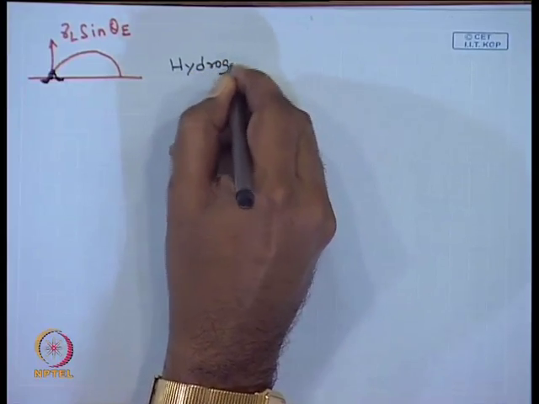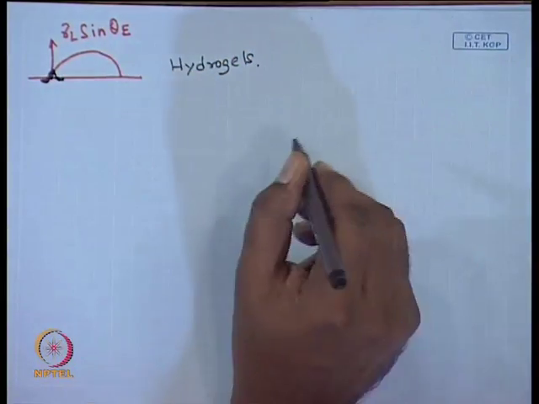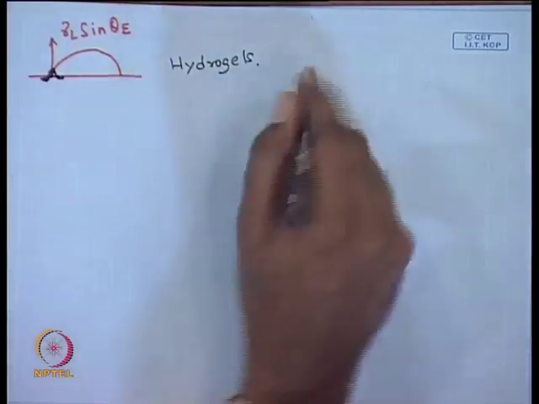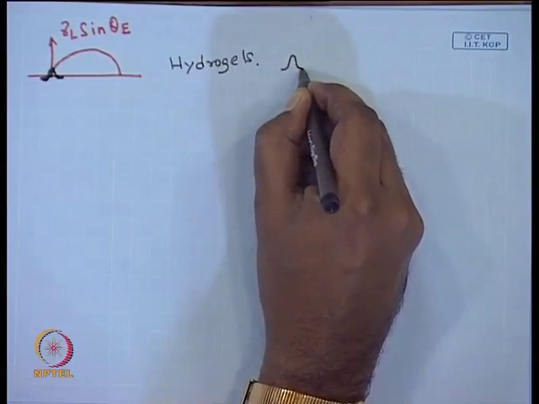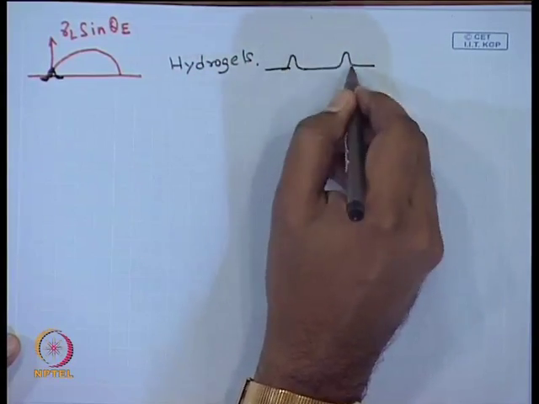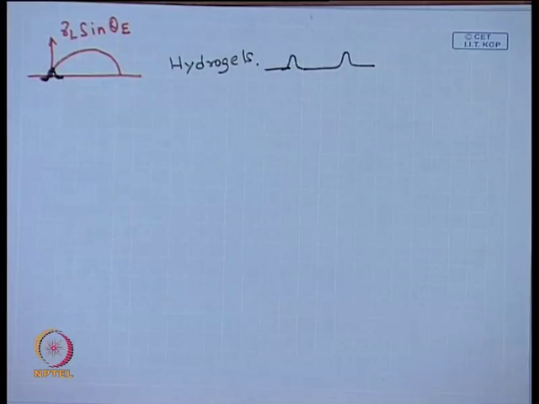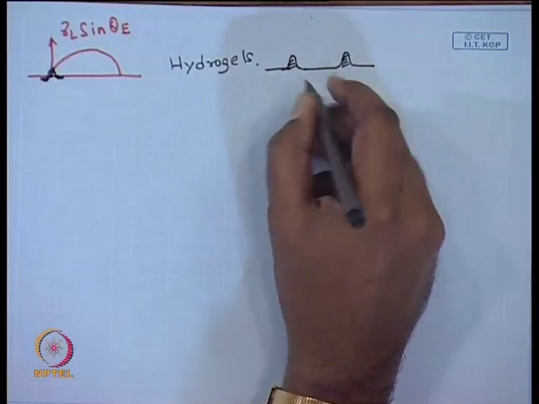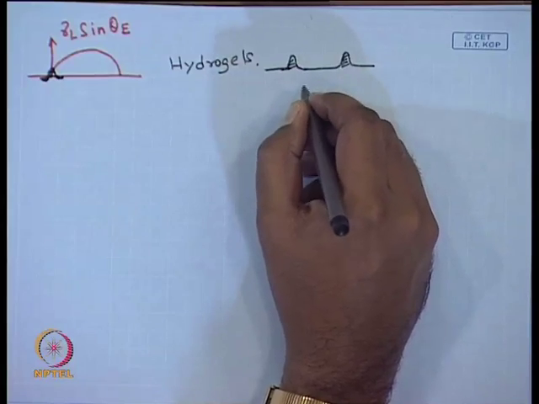However, experiments have been performed on soft solid surfaces, an example of which can be hydrogels, which are very soft solids containing a lot of water. One can dispense a drop of a liquid, and after the drop has completely evaporated, one can see signatures like this, which correspond to the contact line. These types of humps are caused by the vertical component of the surface tension.